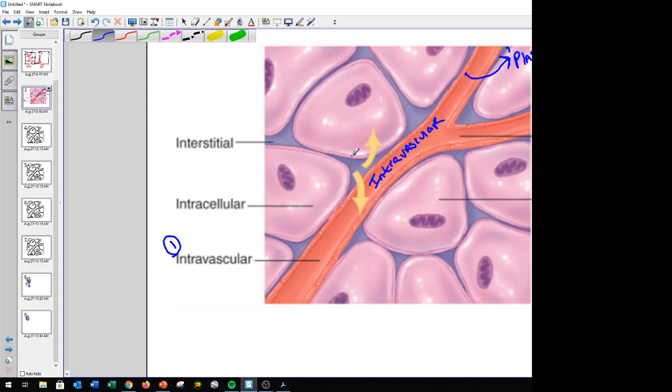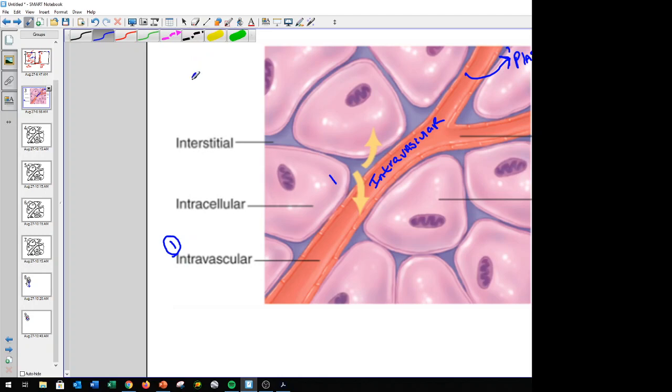Now, we have to remember that there's ways that this plasma, which is 98% water, can get thrown out of here, right? We have talked about increase in afterload before. And so what we have to remember is the circuit.